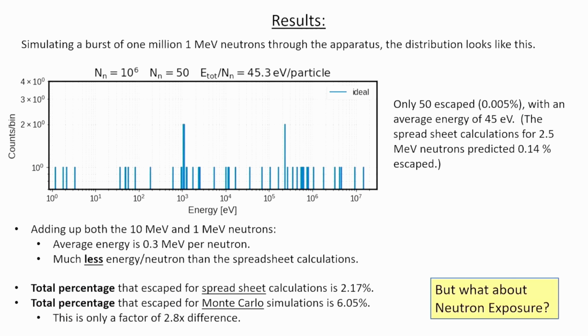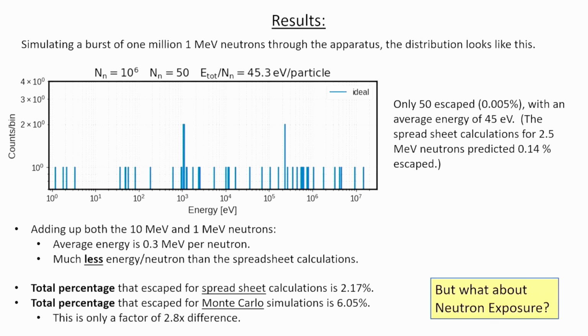Let's take a look at a burst of 1 MeV neutrons coming through that same apparatus. It looks like this. 50 of them came out. Okay, out of 1 million, 50 came out at a very low energy.